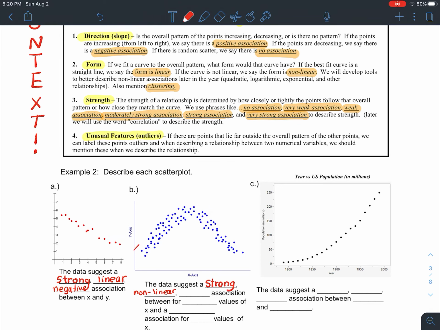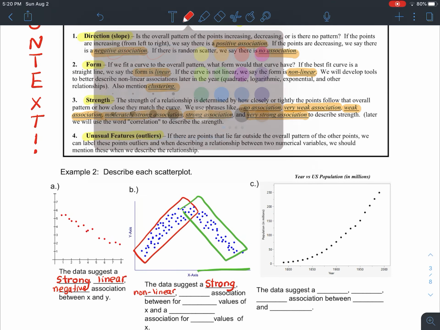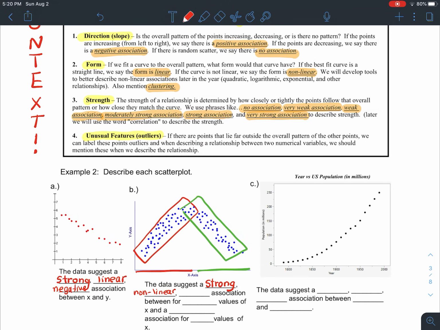When I have to pick the direction, it kind of feels like all of these points have a positive association, but then when I get over here on the higher end of the x-axis, I'm talking about the values having a negative association. So I might say something like this.